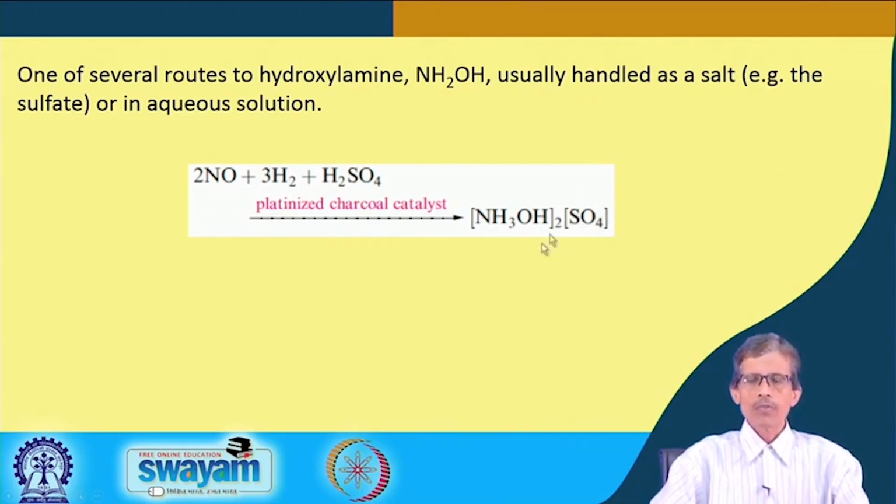The formula of that compound is (NH3OH)2SO4. This hydroxylamine sulfate can be obtained from this hydrogenation reaction in the presence of sulfuric acid, which provides the sulfate anion of the salt, which can be isolated from the reaction medium, from the reactor.